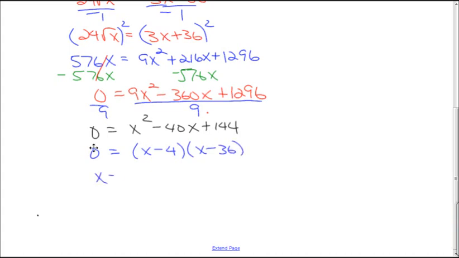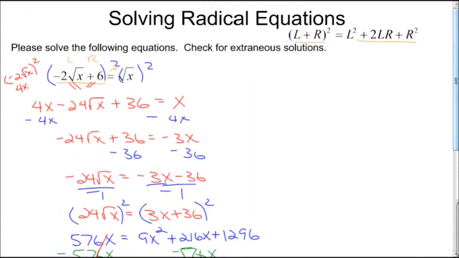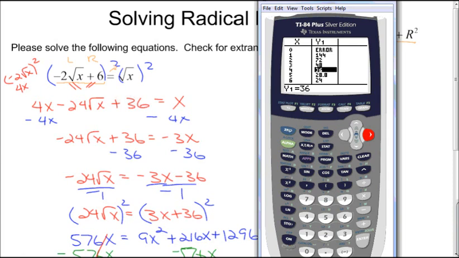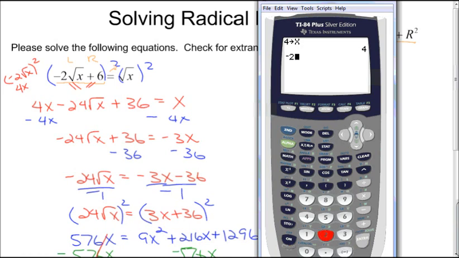And then using the zero product property, instead of the quadratic formula, I would get 4 for x and 36 for x. I don't circle them yet, however, because I need to check them on my calculator and see if they in fact both work. So to start there, I'm going to go with 4 store x, and then type the original equation, which is negative 2, second square root of x, plus 6.